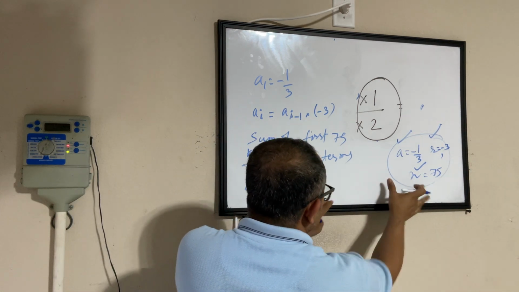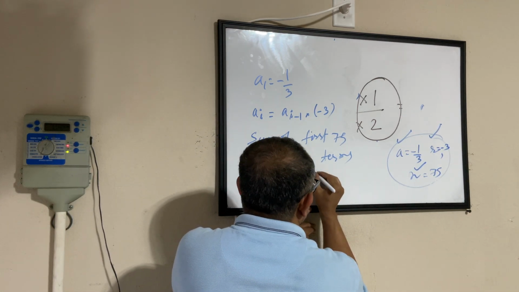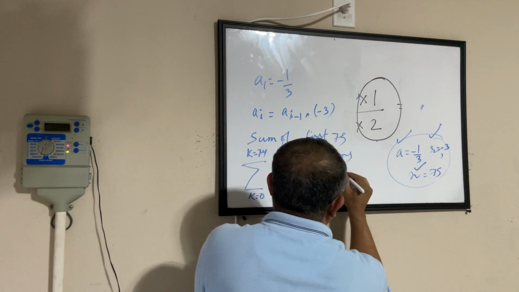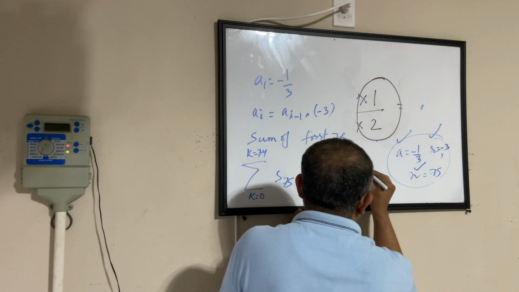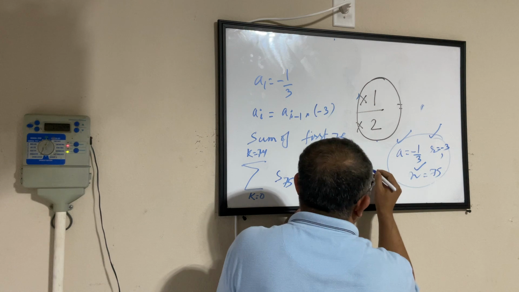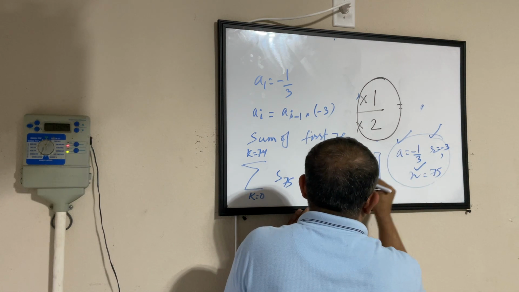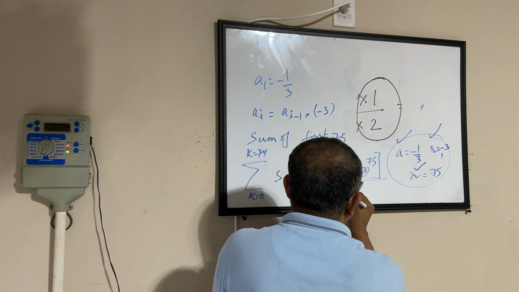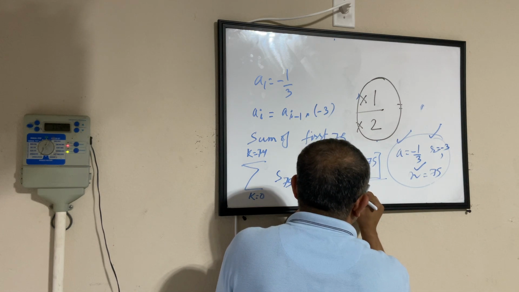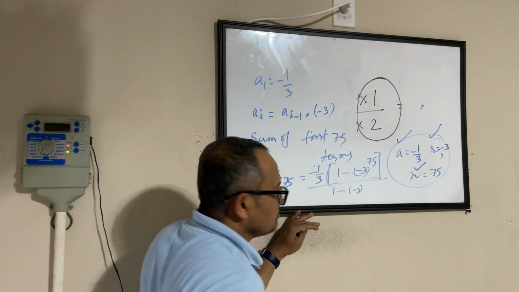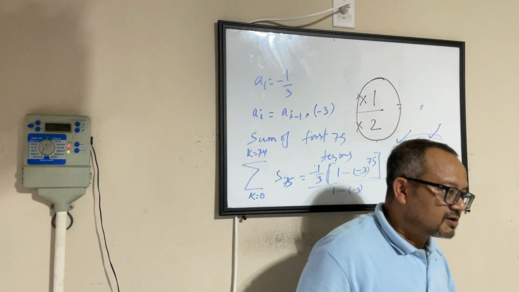And here that will be nothing but a, which is minus 1 by 3, times 1 minus r, r is minus 3, to the power n, divided by 1 minus r, which is minus 3. Do the magic.